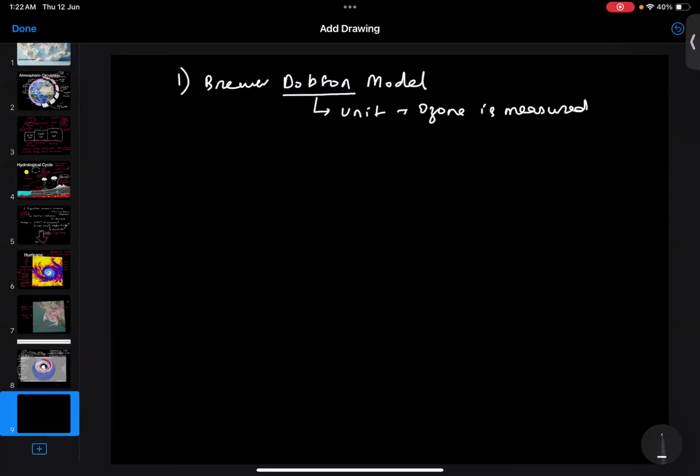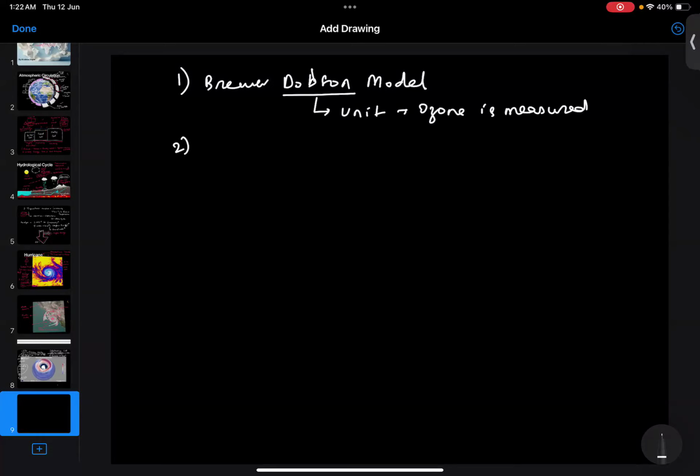Number one, what we are seeing here, the ozone hole, is measured under the Dobson unit. Dobson is one of the units under which ozone is measured.